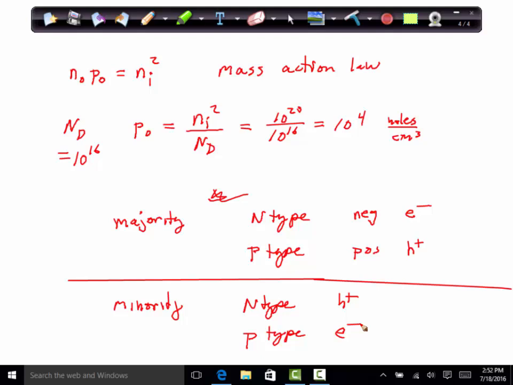And this minority carrier density becomes very important, especially when you're talking about transistors and optoelectronic devices.